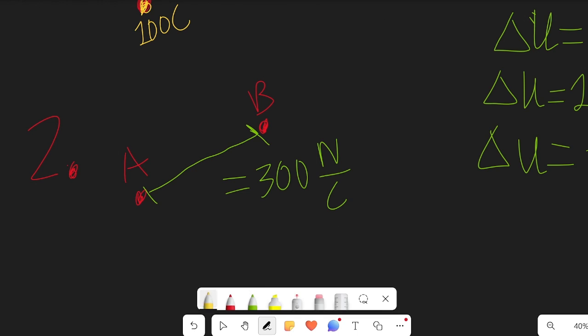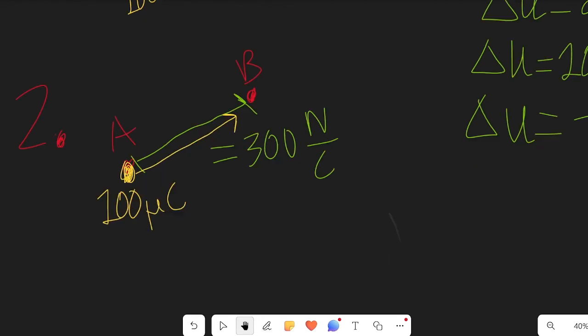And this time, let's say we have a 100 microcoulomb charge. That's the unit for microcoulombs. How much force is required to push this charge over to point B? That's going to be this problem.